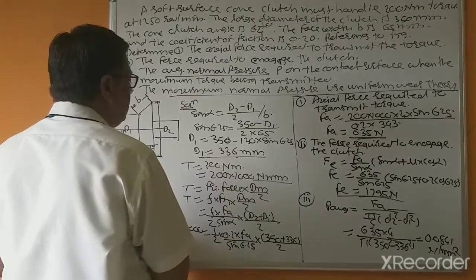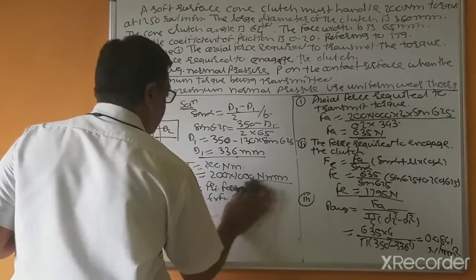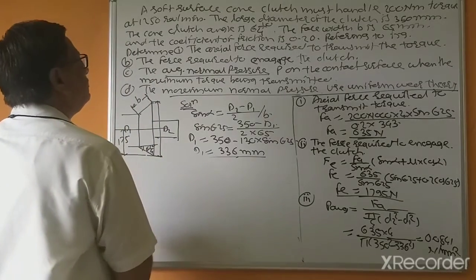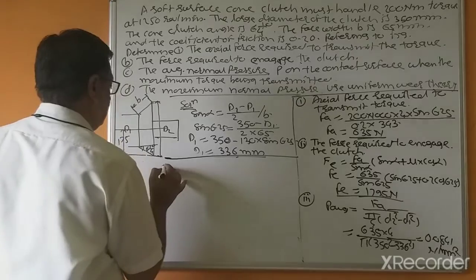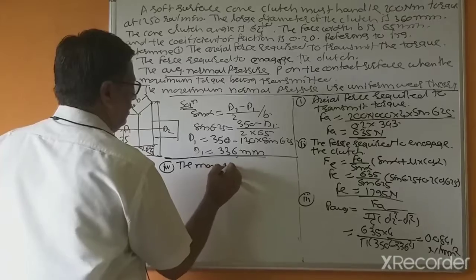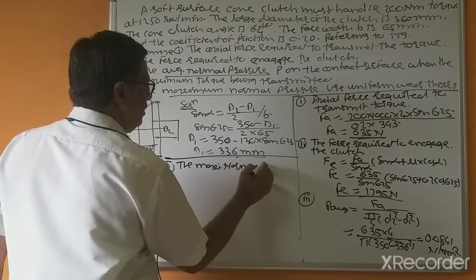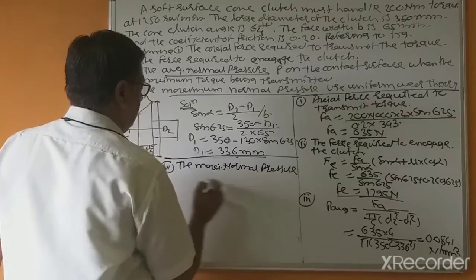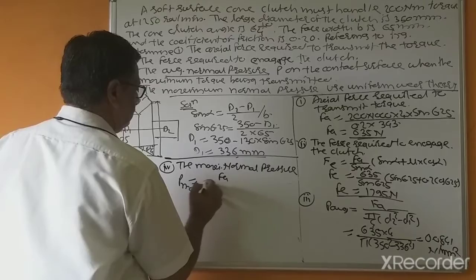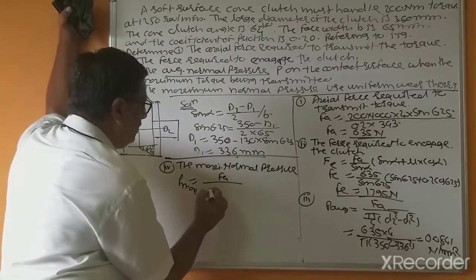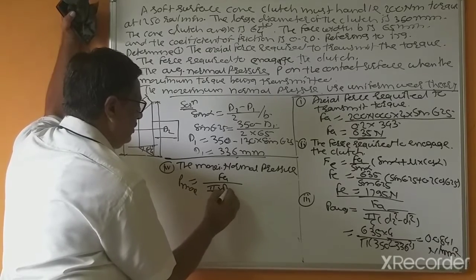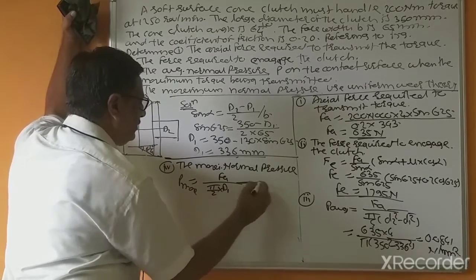Next is the maximum pressure. As you know, fourth bit, the maximum normal pressure equals Fa divided by pi by 2 into inner diameter.